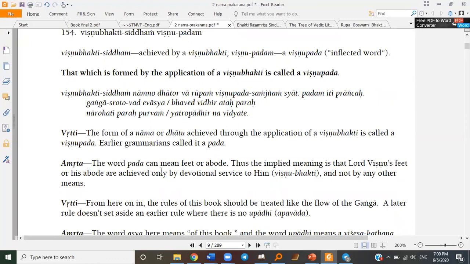So like when the river Ganga flows, the water which originates from the very beginning, from its source, the same water is carried throughout until it reaches the ocean.